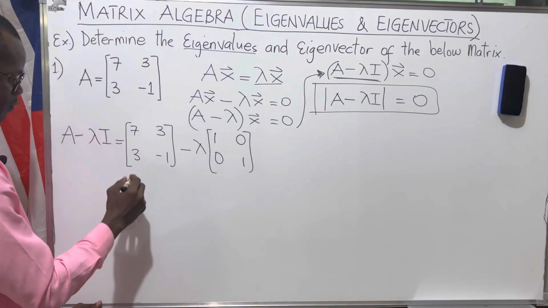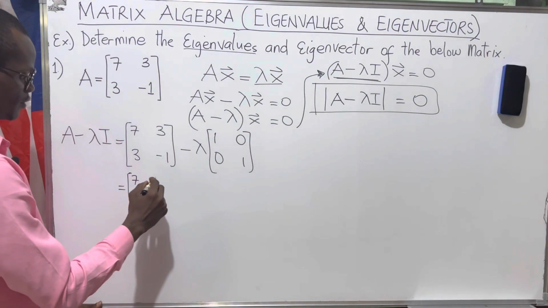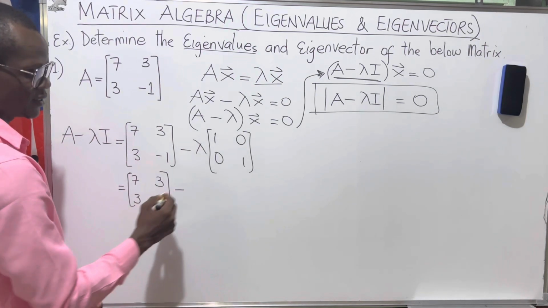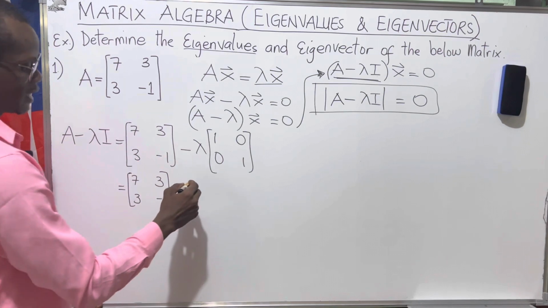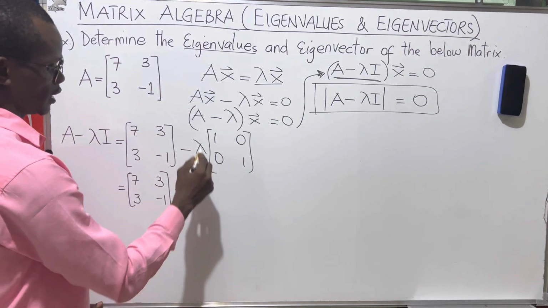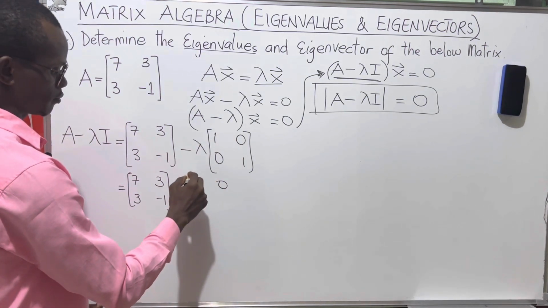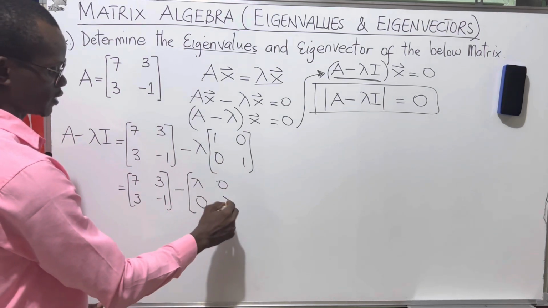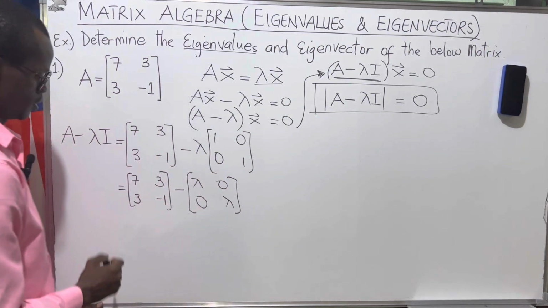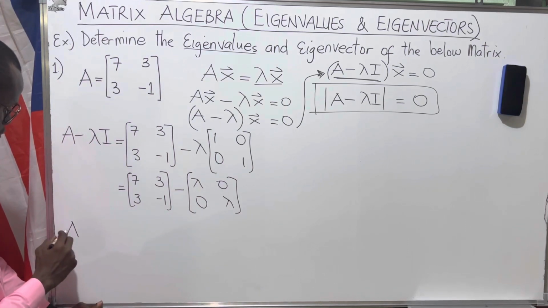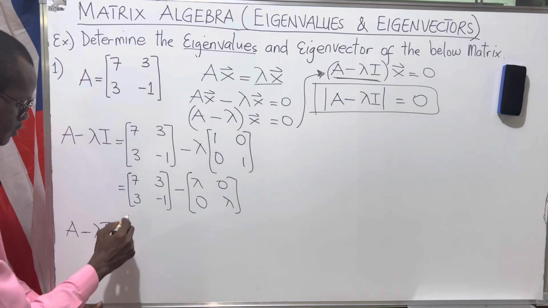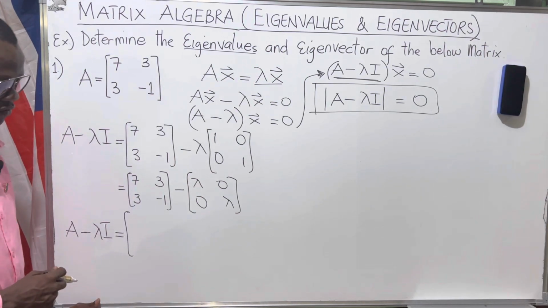Now if we multiply, we have 7, 3, 3, minus 1, minus, so lambda times 1 is lambda, lambda times 0 is 0, lambda times 0 is 0, and lambda times 1 is lambda. So what we need to do is further carry on the last stage of the operation.